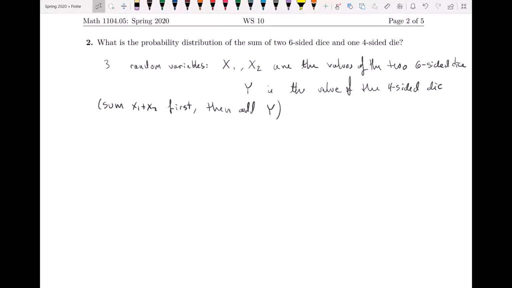So if we have k, the probability that x1 plus x2 equals k is just the sum of 2 dice. We've gone through this before. It can be anything from 2 through 12.